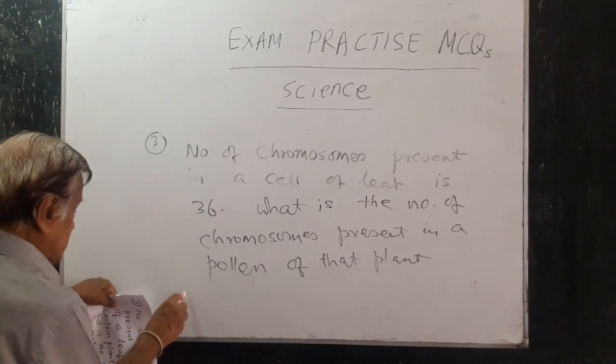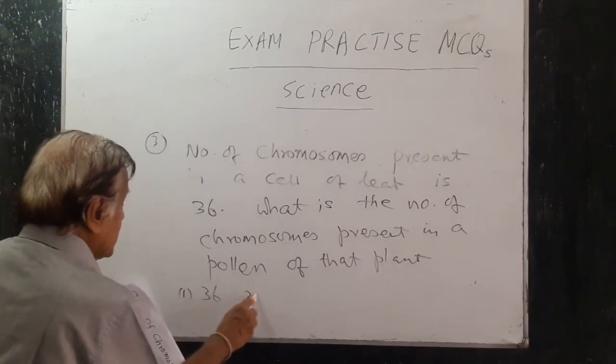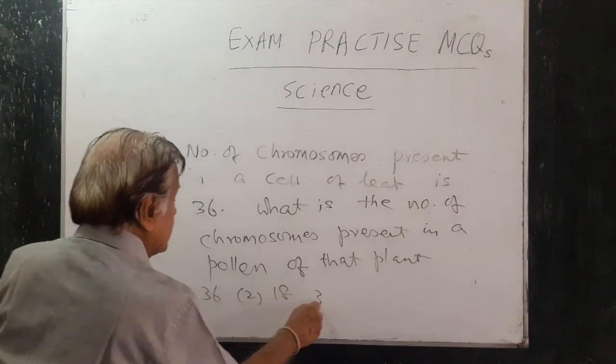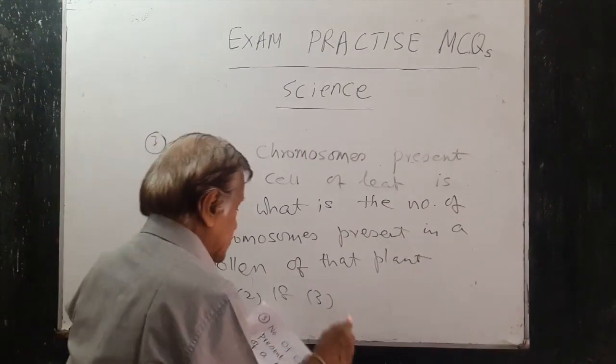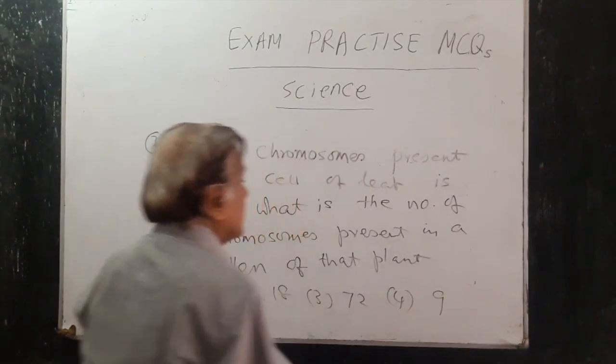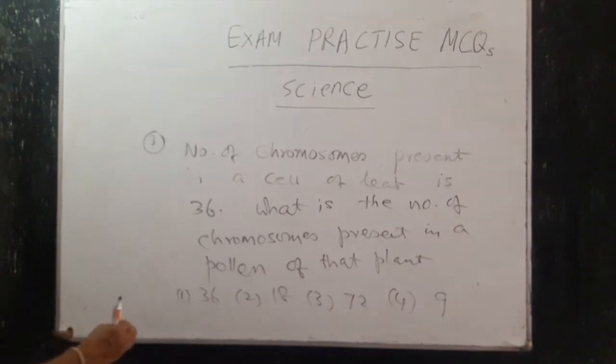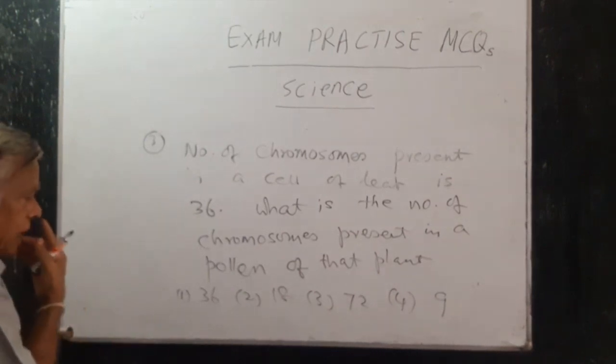These are the answers. First one 36, second one 18, third one 72, fourth one 9. Now you can write down the question and read it well and select your answer.